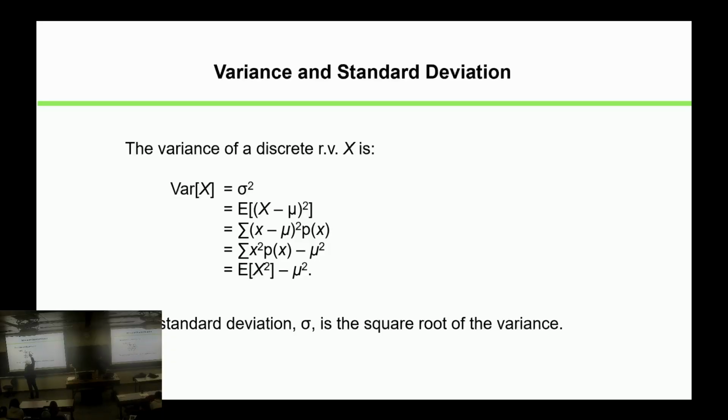Let's ask ourselves, what is that function actually telling us? What it's doing is taking the deviation between each value of x and the mean, squaring those deviations, and then asking what is the average squared deviation about the mean?